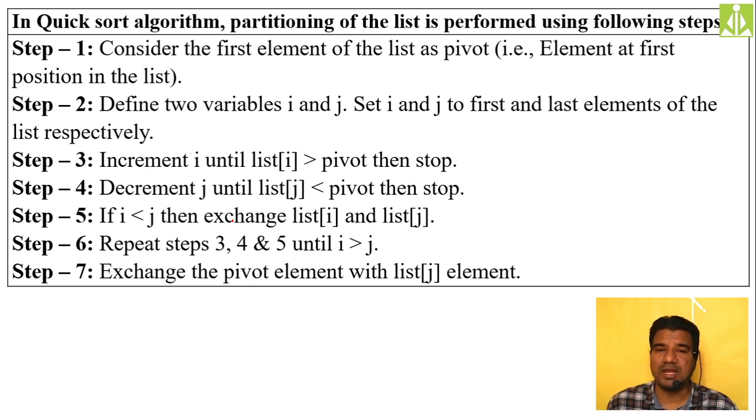Here we are not doing any partition yet; we are just considering the first element as the pivot element, because we don't know the order of the elements at the initial stage. Before making any comparisons, we assume the first element is the pivot. We have only assumed it, not done the partition.